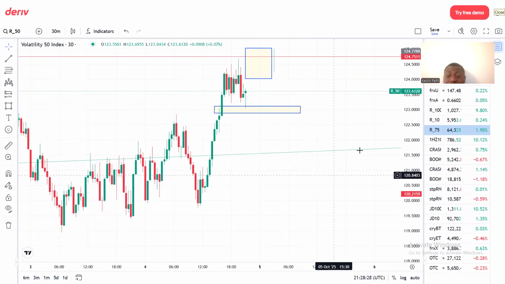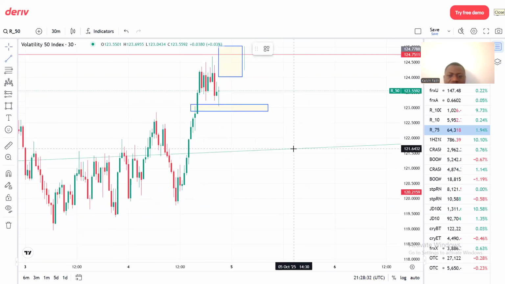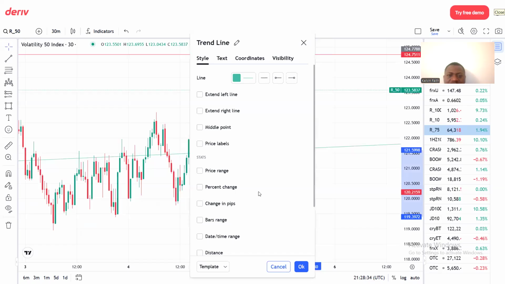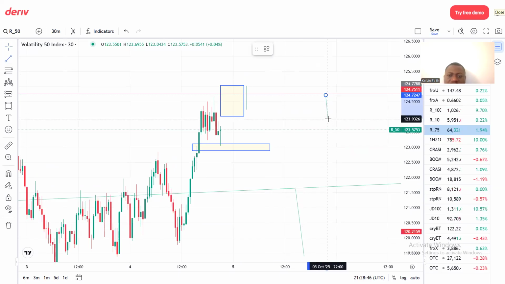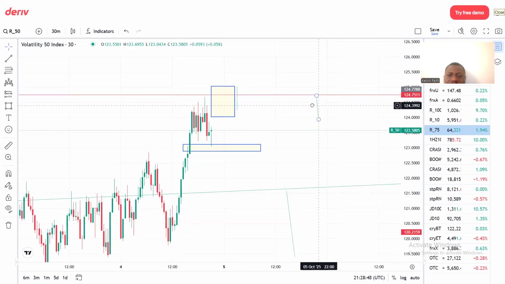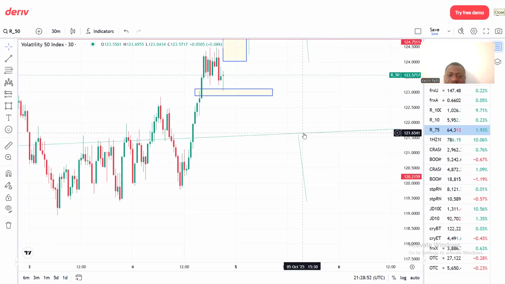But for me, if we come below this trend line again, I'm going to enter for sell. And if the new daily candle opens and I get a 30 minute or 1 hour engulfing, I'm also going to enter for sells from here. So two sell entries. If I miss the one from here, I will target taking a sell from here, if I get a big body close below.